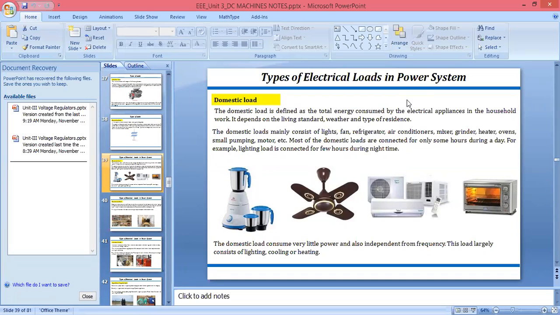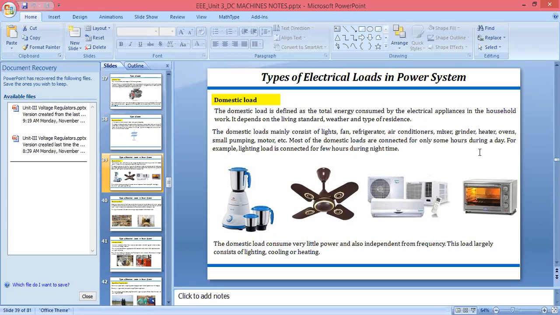So the domestic load is defined as the total energy consumed by electrical devices in household work. It depends on our living standard, our weather and our residence. So the domestic load mainly consists of light, fan, air conditioner, refrigerator, microwave, grinder, heater.